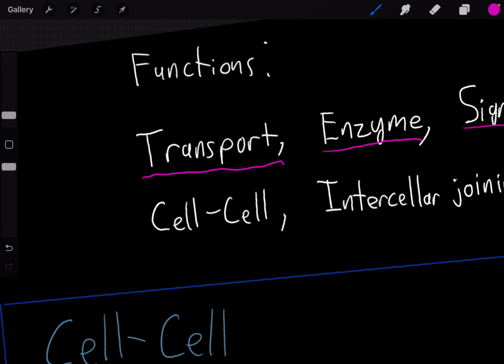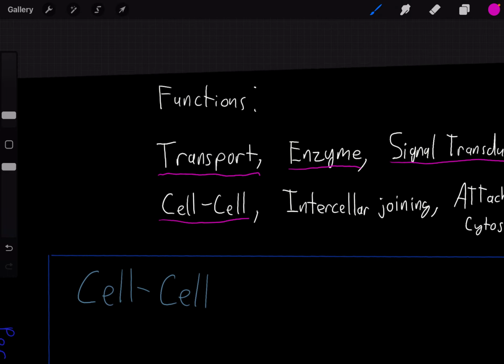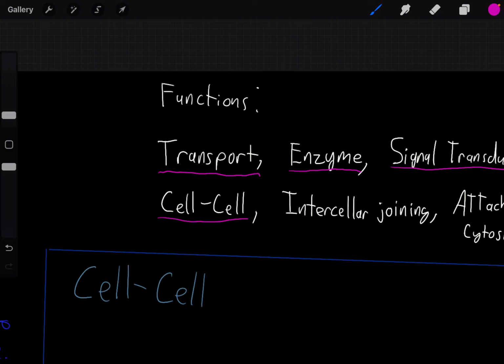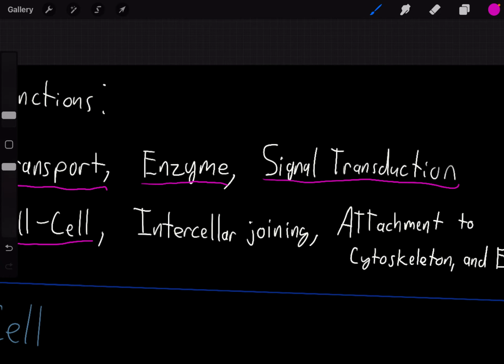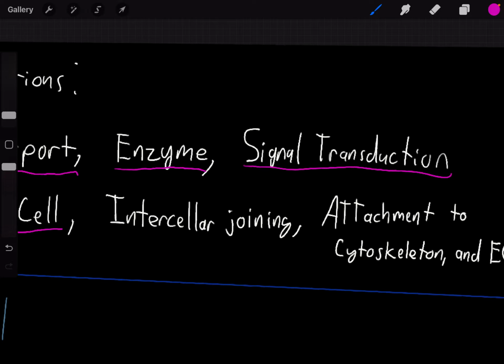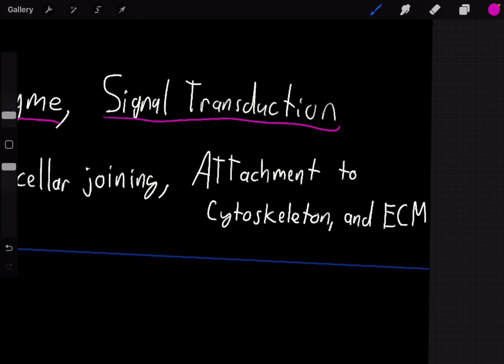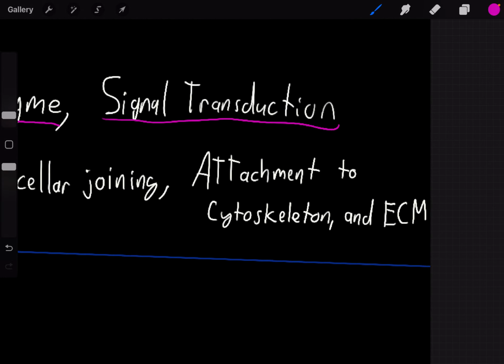Cell-to-cell recognition. This is the use of glycoproteins, and we'll talk about that more later. Intercellular joining, meaning the holding of cells. So again, that would be the joining of cells. Proteins connect to each other to hold the cells together. And attachment to the cytoskeleton and ECM.